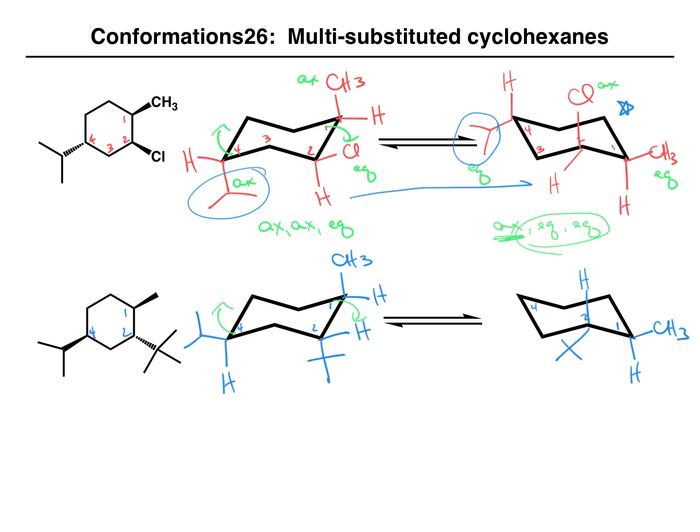And at carbon 4, we still have our isopropyl group on the top face and our hydrogen on the bottom face. So our conformation on the left, we have an axial group, and an equatorial group. And our conformation on the right, we have an axial, equatorial, and equatorial.